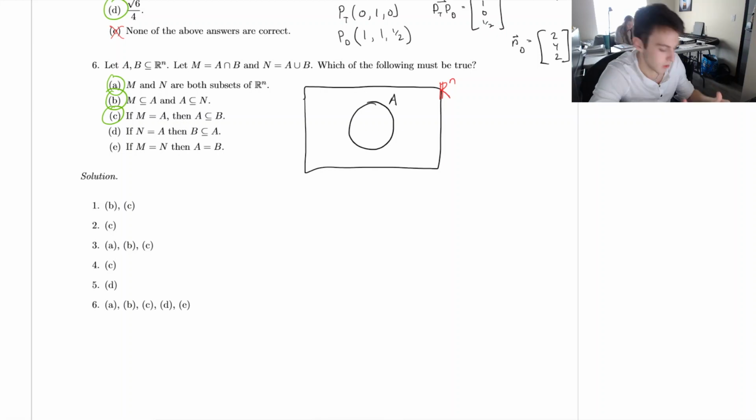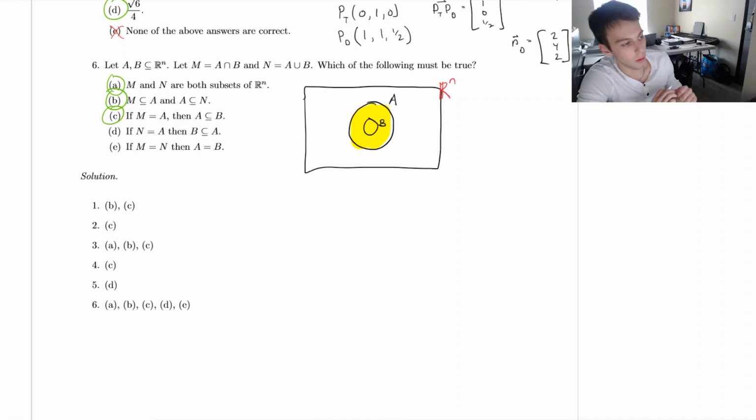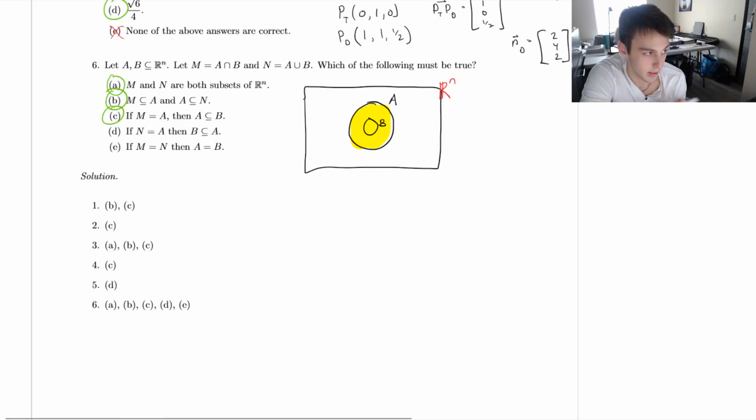If B was bigger, then you see how we'd be leaking out of A, and we know that that's not true. The union has to be equal to A. So B could be somewhere inside of here. The union is all of the area of both of them, right? It's A or B. So then B is a subset of A. And we know clearly from the diagram, since B is directly inside of A, that D must also be true.